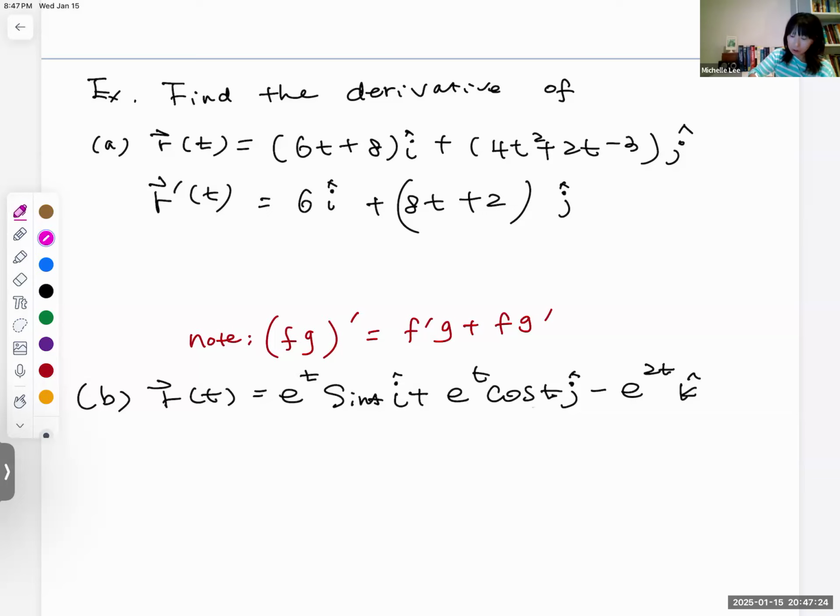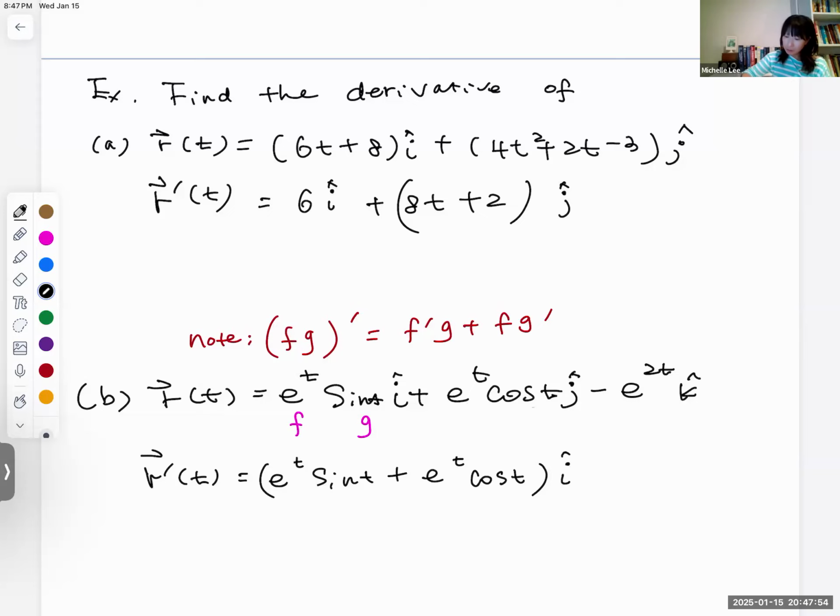Okay, so for the first i term, we have f, g. So that will be r prime of t. So f prime, which is e to the t power, times g, plus f times the derivative of sine, which is cosine. Yeah, that's the i term. What about the second one? f g.